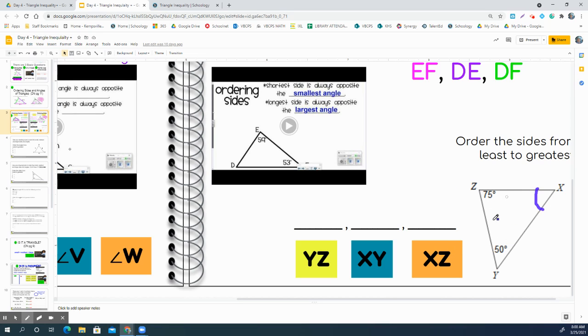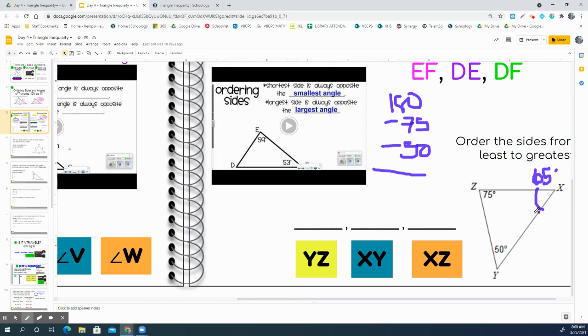How can I find that missing angle? I can do what we've been practicing. So 180 minus 75 minus 50 is going to be 65, question mark. Can somebody check my math there? 180 minus 75 minus 50.